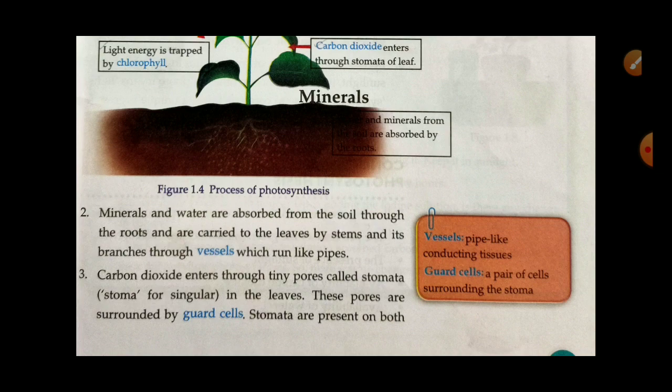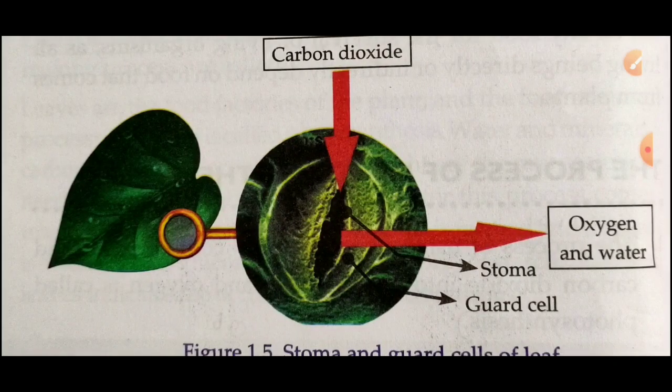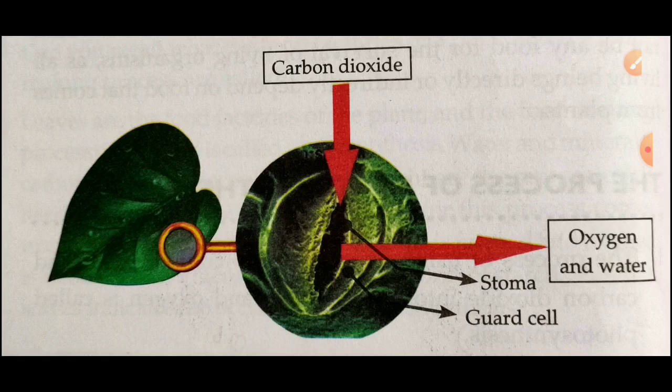I have told you that stomata are present on both sides. You can see this picture, it's a picture of an open stomata. A single pore or single hole is known as a stoma, the singular word, and stomata means many holes.